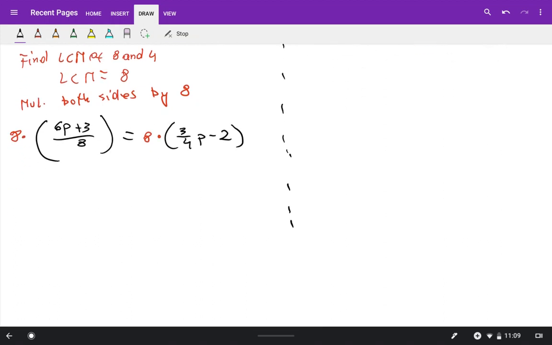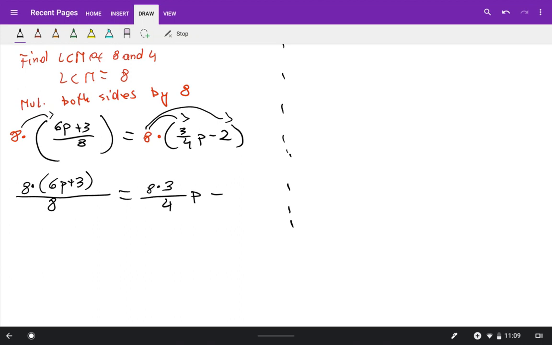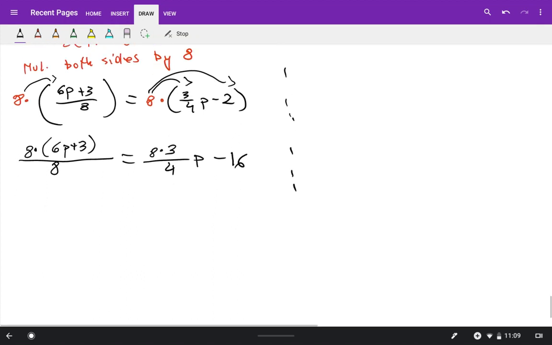A number multiplied by a fraction, you only multiply the numerator. So that will give you 8 times 6p plus 3 over 8, equals, and here I distribute, 8 times 3 over 4p, and 8 times -2, which is -16.